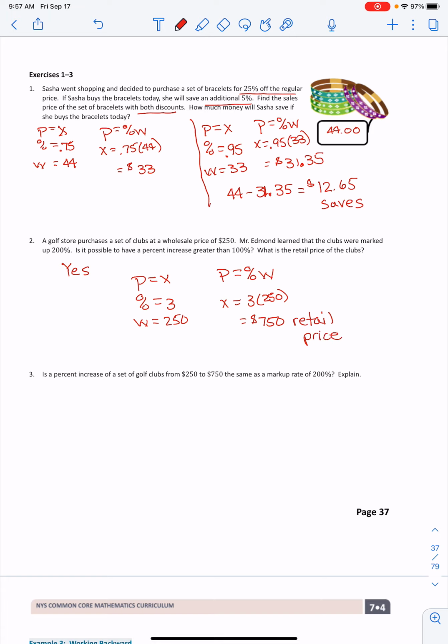So now, I'm going to write this here. We've got that 100 plus the 200, so that's going to give us the 300%. Now it says, is a percent increase of a set of golf clubs from 250 to 750 the same as a markup rate of 200%? The answer is yes. It is the same.